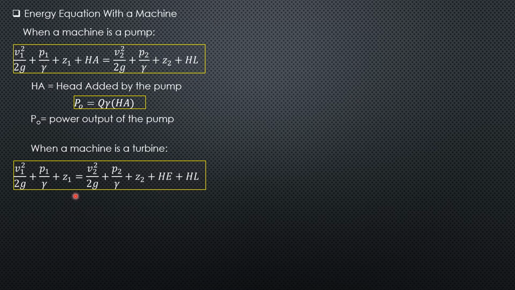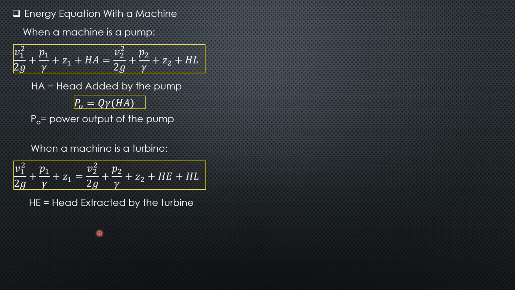So the energy equation, when there is a turbine, would be: velocity head at 1, pressure head at 1, plus elevation head at point 1 equals velocity head at point 2, pressure head at point 2, elevation head at point 2, plus the head extracted by the turbine, plus the head loss in the system. So HE is called the head extracted by the turbine.